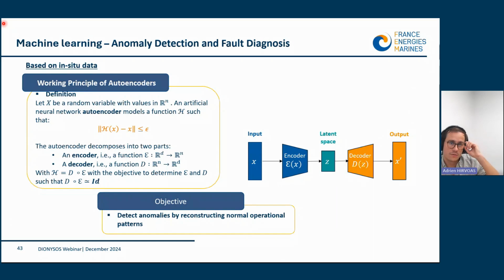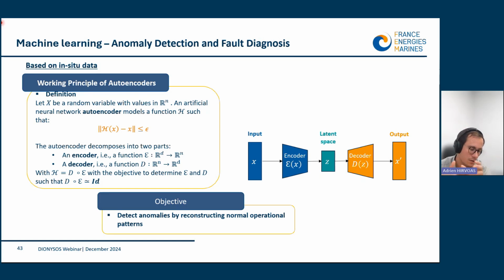So the idea is to, in fact, use the in situ data, so the data obtained through the accelerometers, to detect the anomalies. In fact, we will use the autoencoder. So the autoencoder is a deep learning approach that, in fact, try to reconstruct the input that is given as an input. So it uses two functions, an encoder.